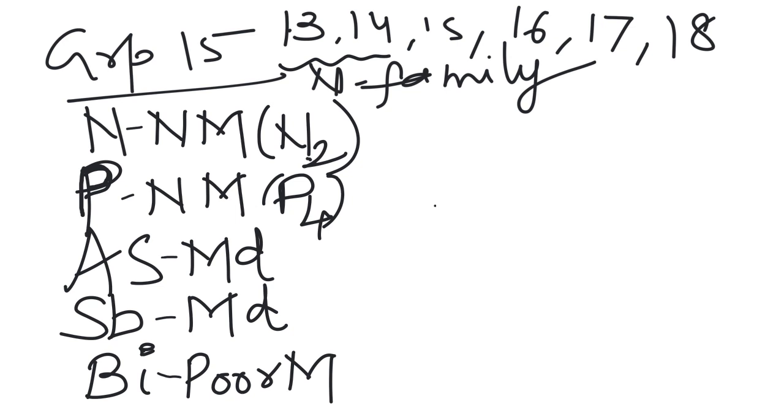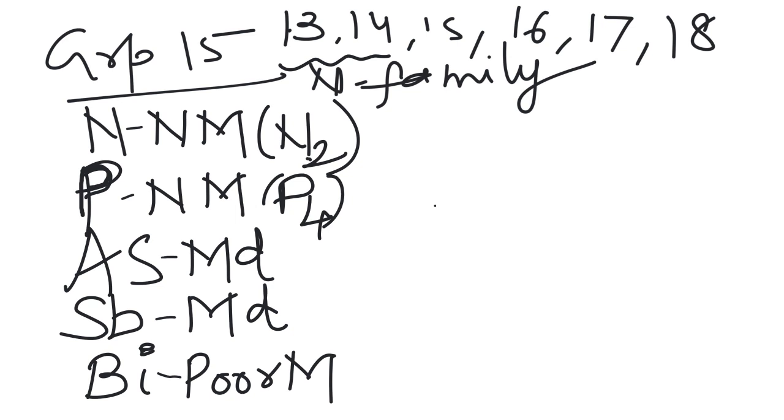Now what happens to the electronegativity and ionization energy? Ionization energy and electronegativity both depend on the atomic size, and both are inversely proportional to atomic size.